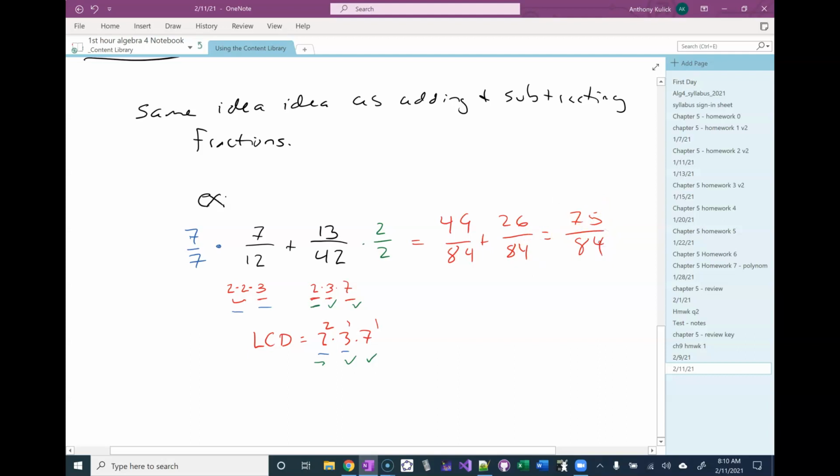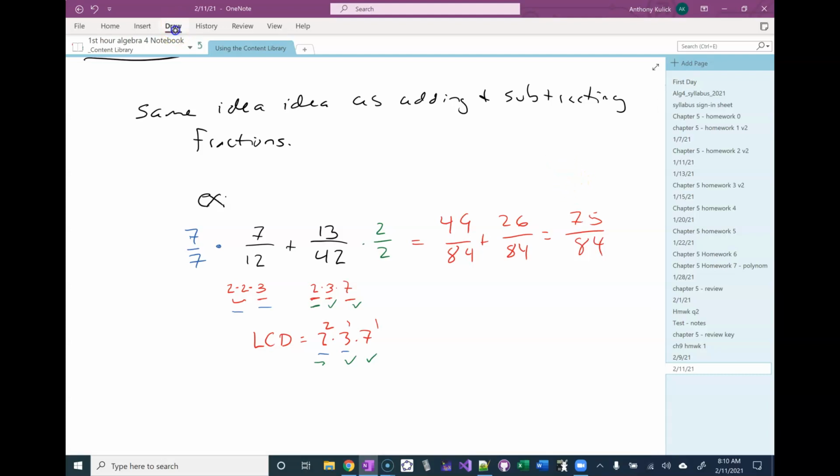Now that they have a common denominator, we can just add the numerators and the denominator stays the same. Are we done? We still need to check to see if we can reduce.